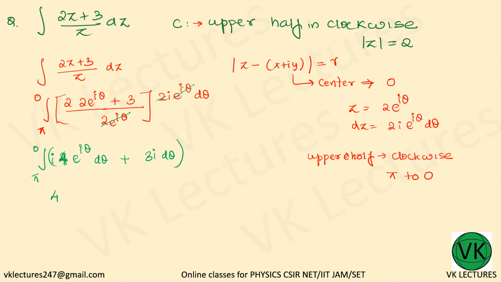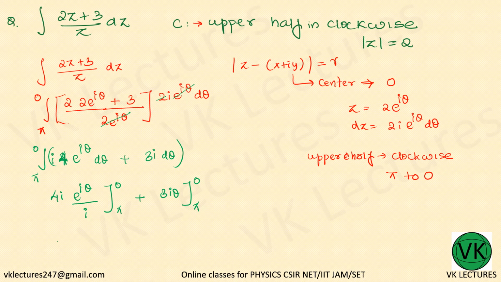Now for 4i e to the power i theta, the integral is e to the power i theta divided by i, from pi to 0, plus 3i theta from pi to 0.